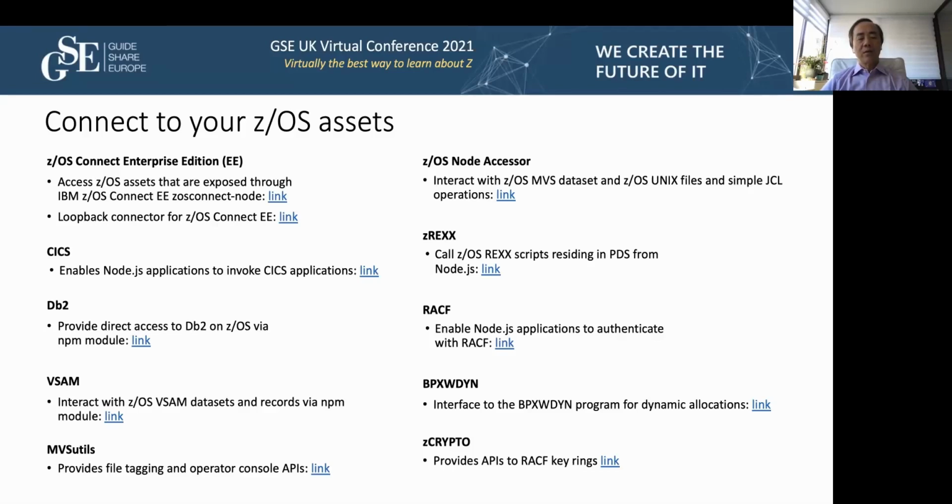There are NPMs that allow you to access Db2 data, VSAM data, and work with RACF and keyrings and things like that. This list is not the final list. We're taking requirements, so if there's anything that you need, we're still building on this list of NPMs that allows you to work with z/OS assets.